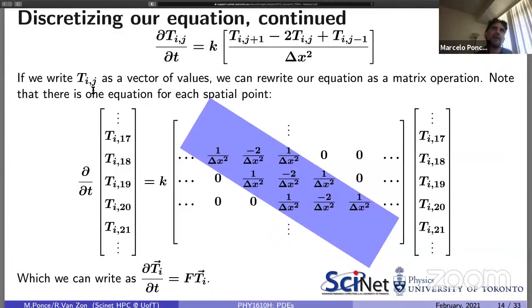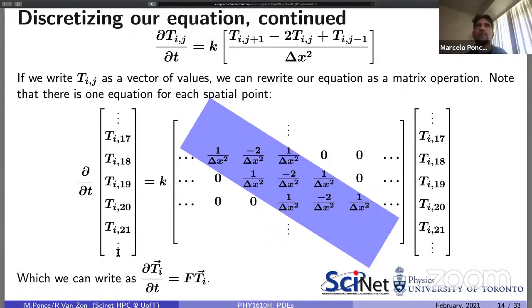Each point of the rod is going to be represented in this vector at a given moment in time, at the time i. If I consider that vector, then I can say the time derivative of that vector is equal to the conductivity constant.